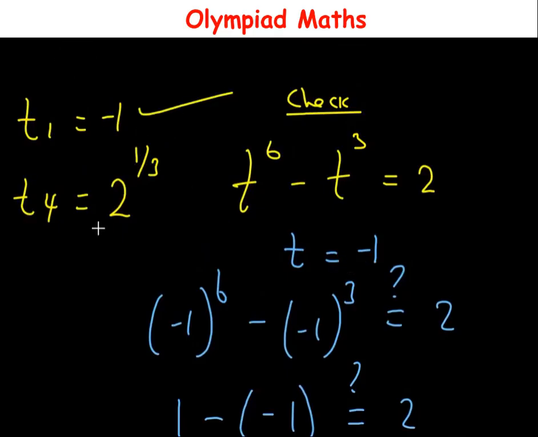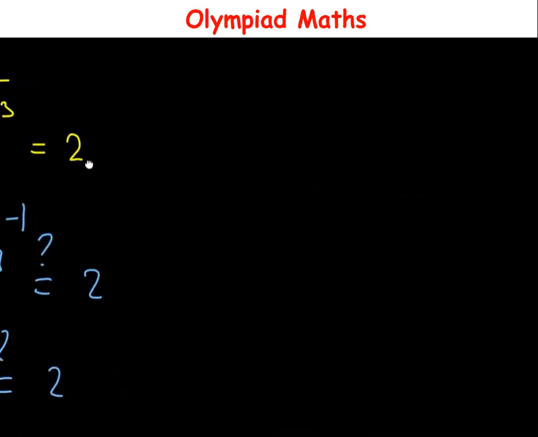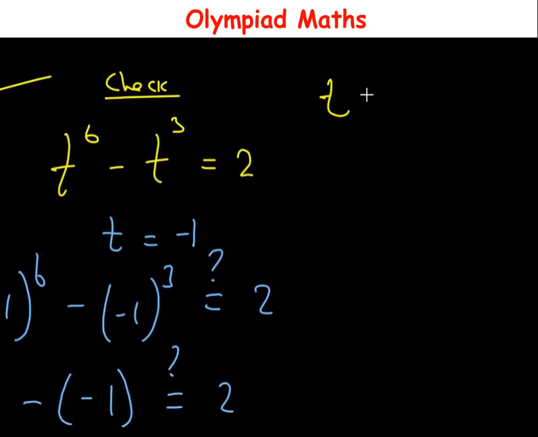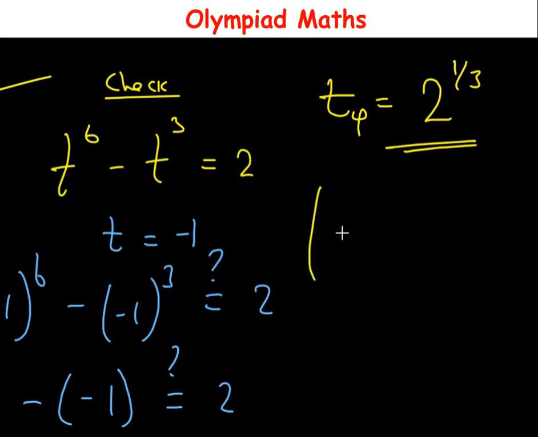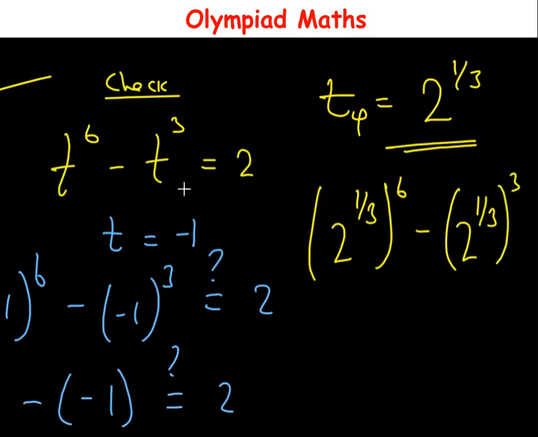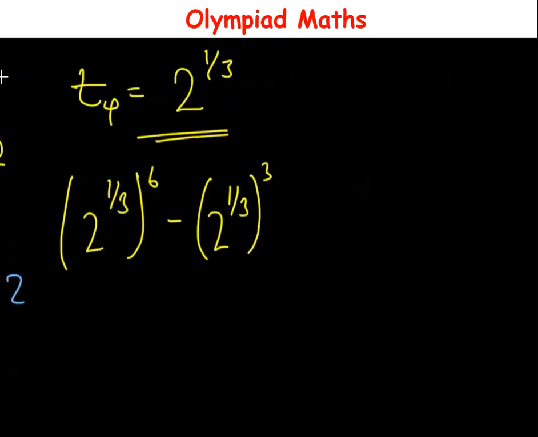Good. Now let us confirm the other value of t, which is t4 equals 2 raised to the power 1 over 3. So from here, t is equal to 2 raised to the power 1 over 3. Now, putting the value of t into the equation, we have 2 raised to the power 1 over 3, to the power of 6, minus 2 raised to the power 1 over 3, to the power of 3, equal to question mark.